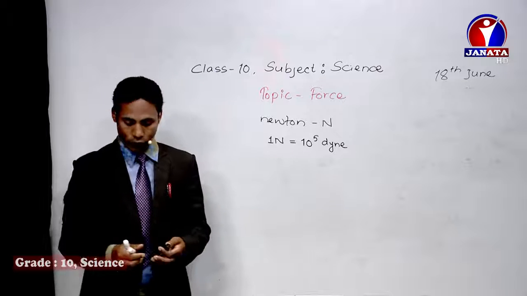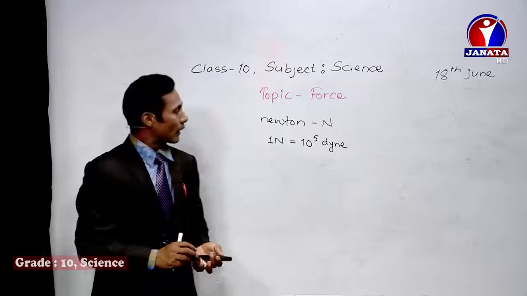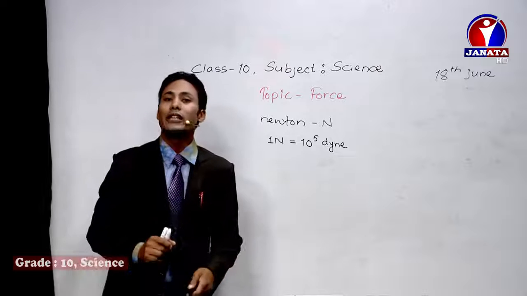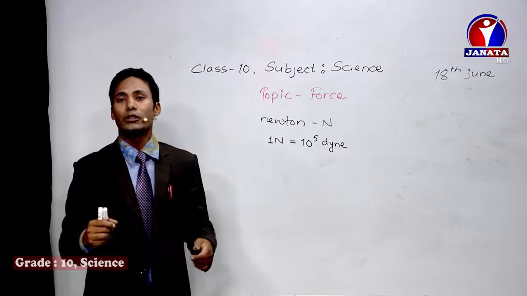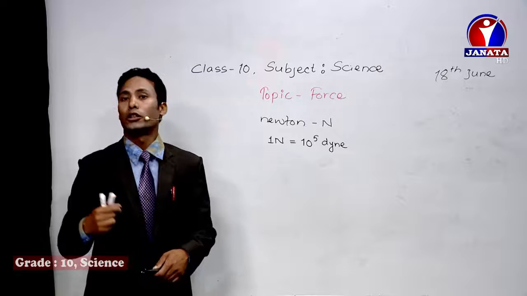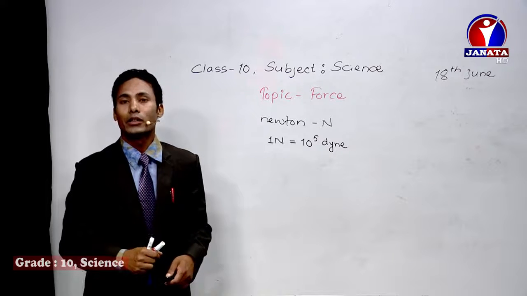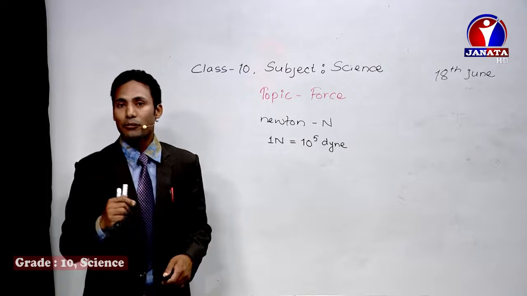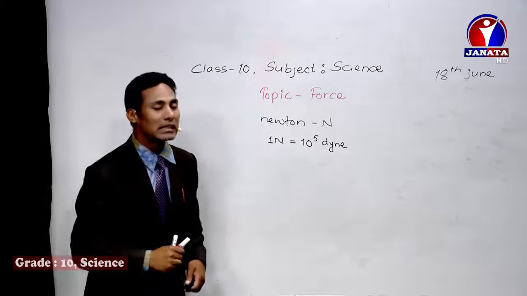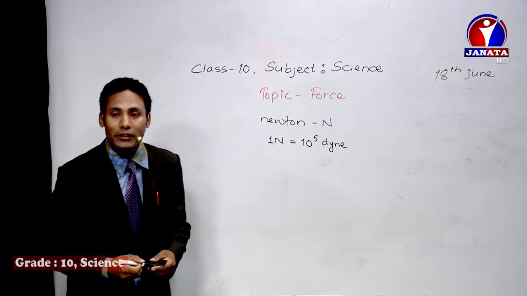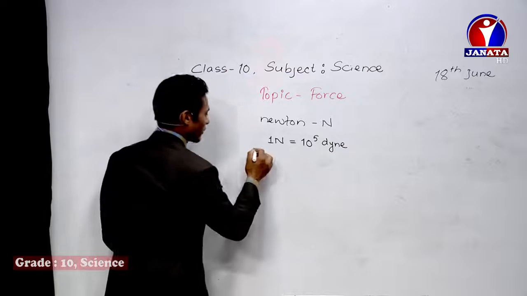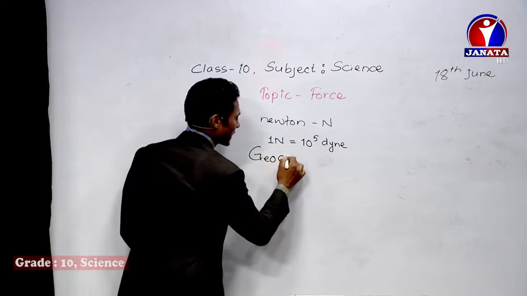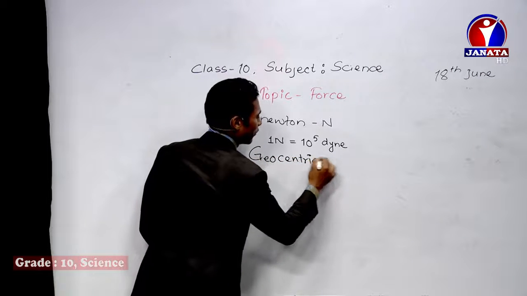Before the 16th century, people used to believe that the earth is at the center, and other heavenly bodies like the sun and other planets revolve around the earth. That was the belief of people before the 16th century, and that belief is called the geocentric model.